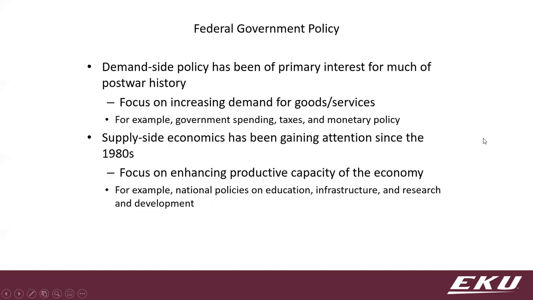Here's some examples of government policy. So a lot of policy that we've had initially was on what we call the demand side, right? Where the government would step in. This is the Keynesian or neo-Keynesian approach, where the idea was if there's not enough demand for these materials, the government should build things like the interstate system, right?